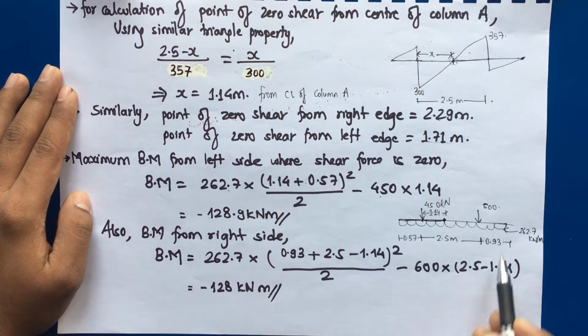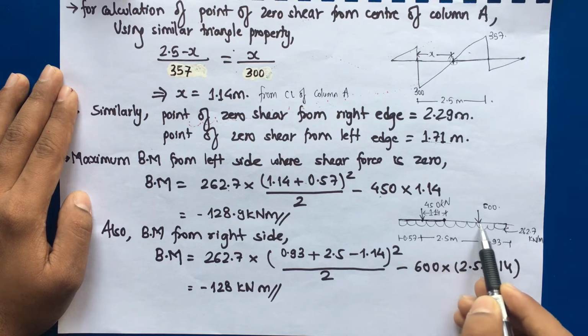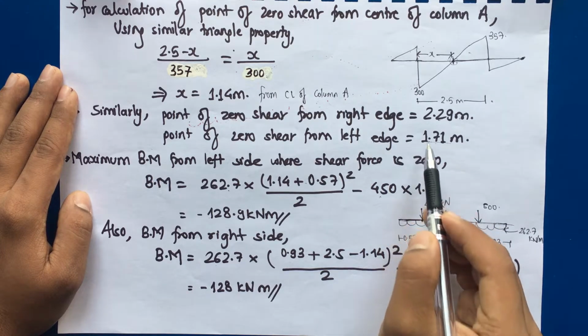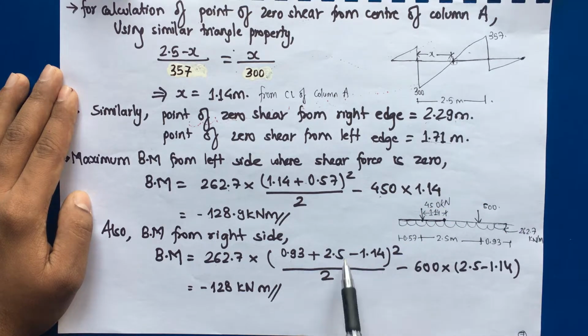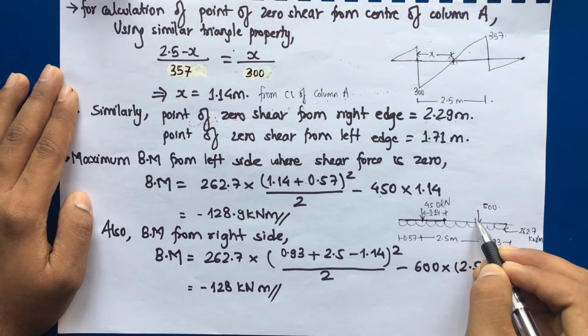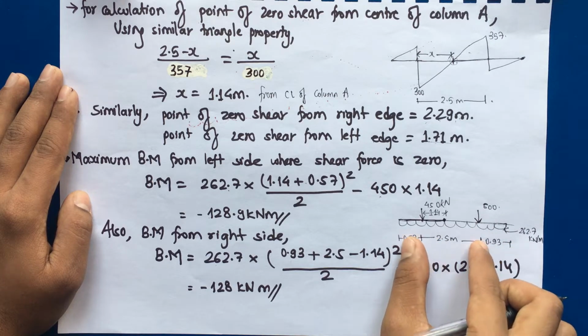So 262.7, which is the UDL, into this much length, and I have just computed this as 2.29 meter. So if we add all terms, you will get 2.29 meter square by 2, WL square by 2, minus 600, because this is the downward load, into 2.5 minus 1.4.